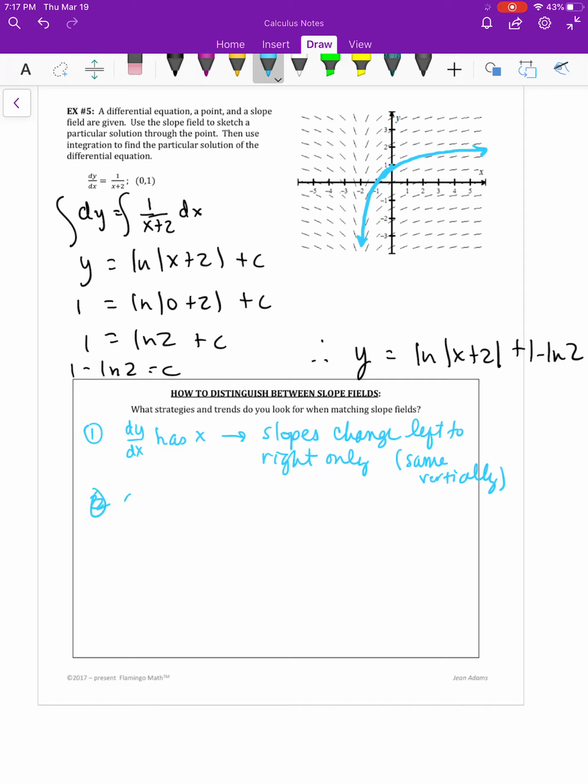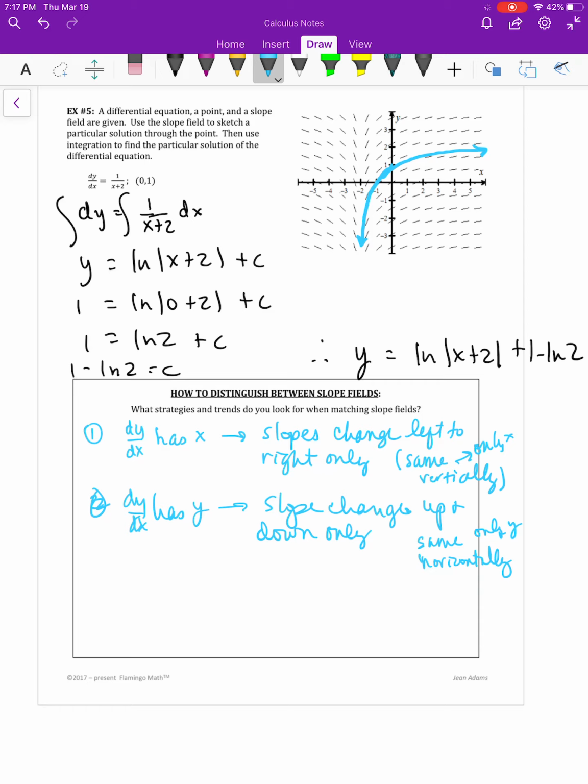And number 2, dy/dx has a y if slopes change up and down only. Same vertically if it's only x, and like I said, same horizontally if the only thing that they have is a y. If it's only a y, it would be the same horizontally.